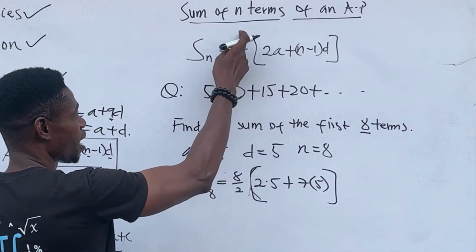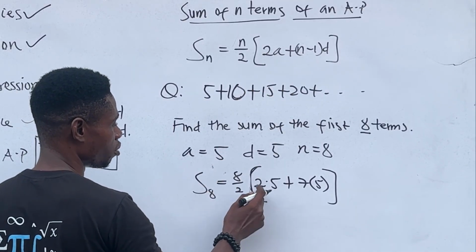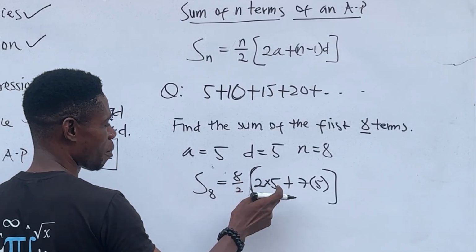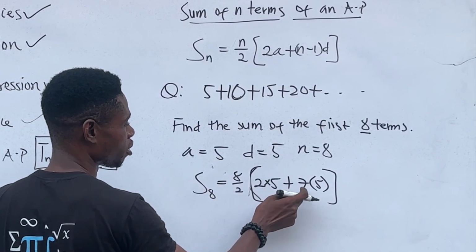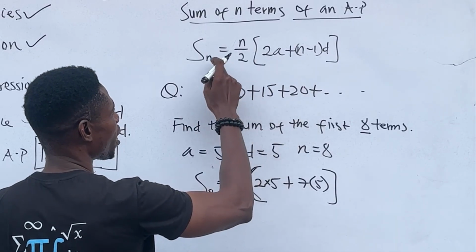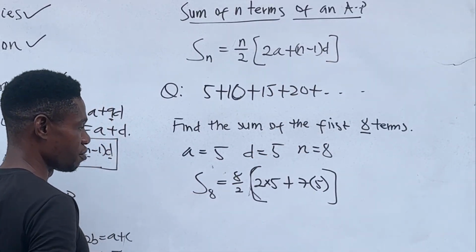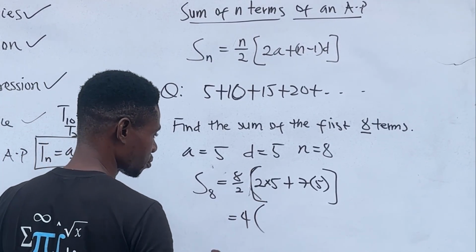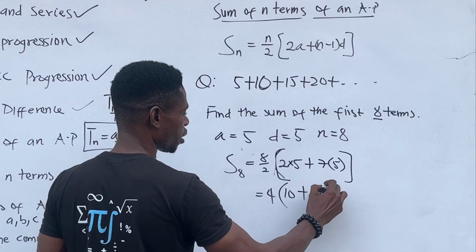So this is our formula. S8 is N over 2, 8 over 2, into 2 multiplied by 5 plus N minus 1. Since our N is 8, 8 minus 1 is 7, multiplied by D, which is 5. So this will give us 4, that's 8 over 2, multiplied by 10 plus 35.